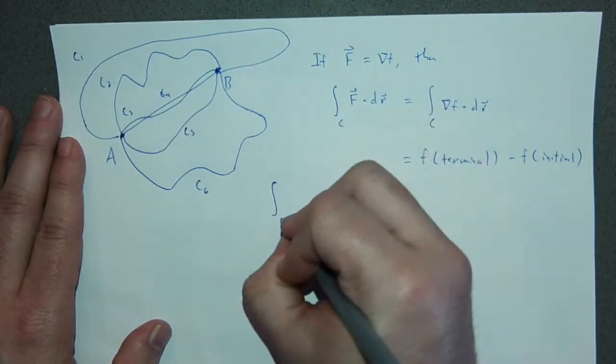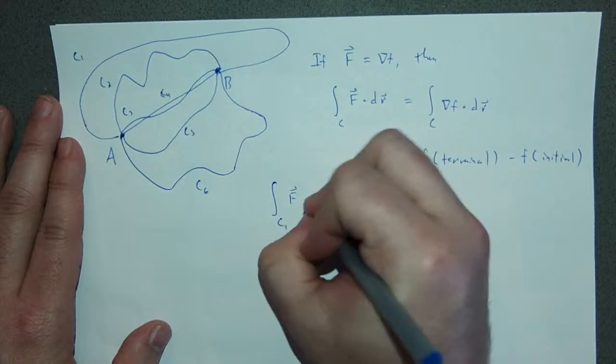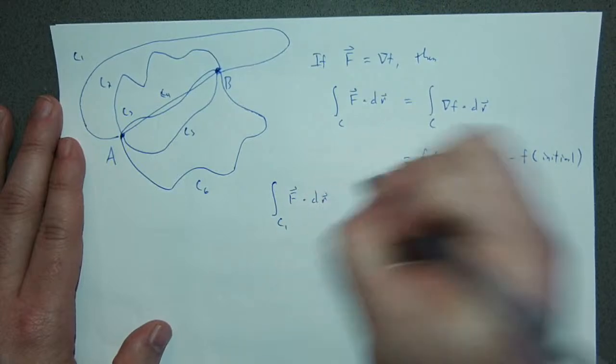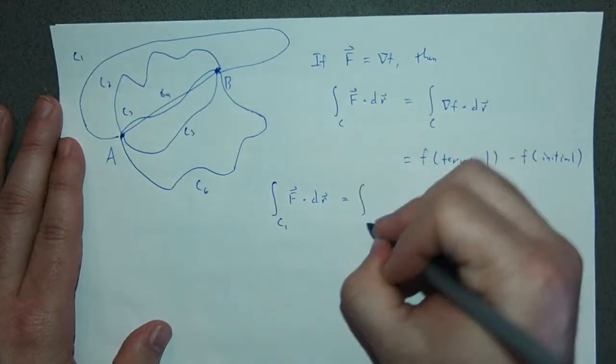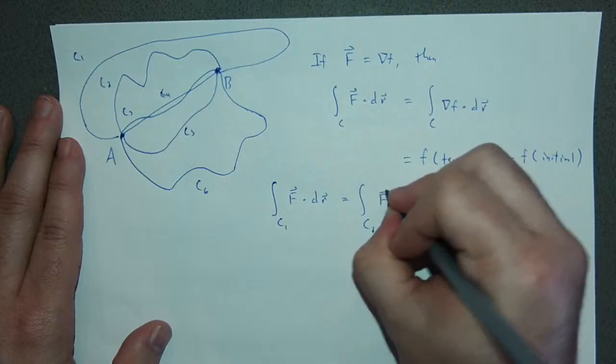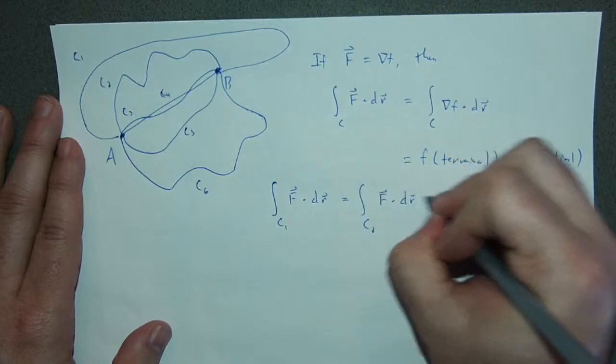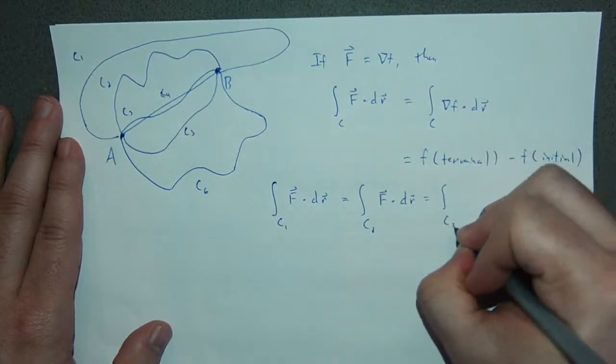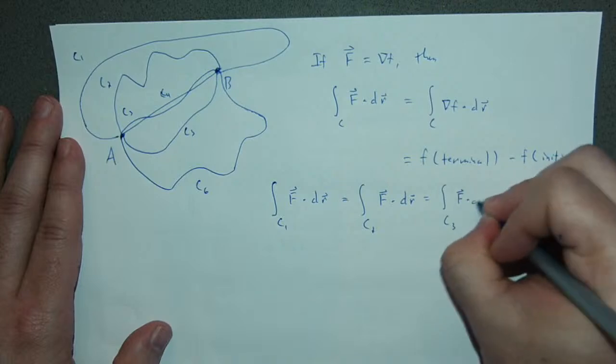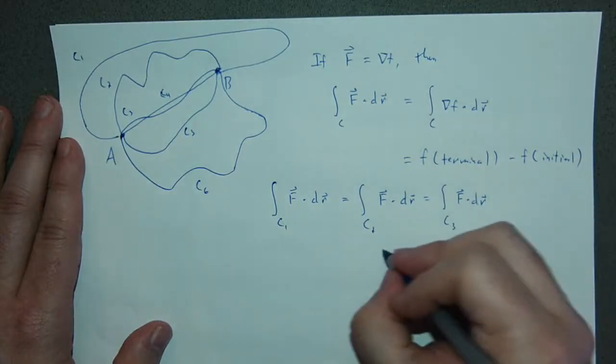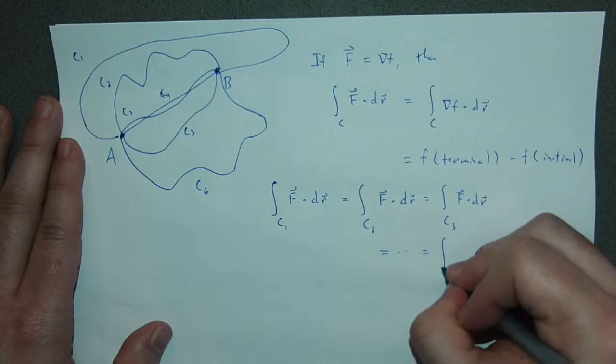So the line integral of such an F over C1 is equal to the line integral over C2 is equal to the line integral over C3, and so on. Okay. All these are equal.